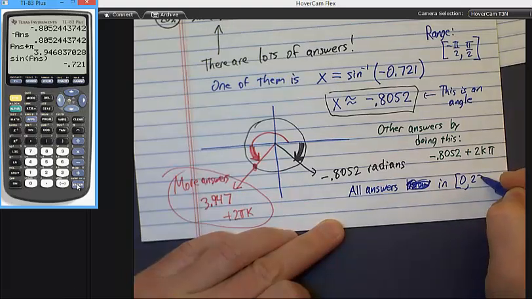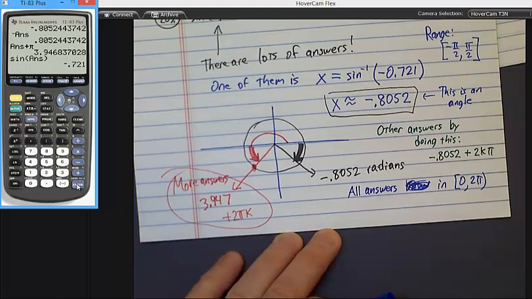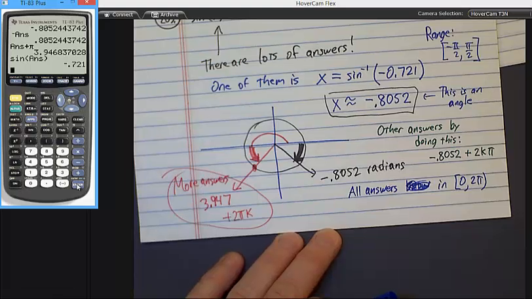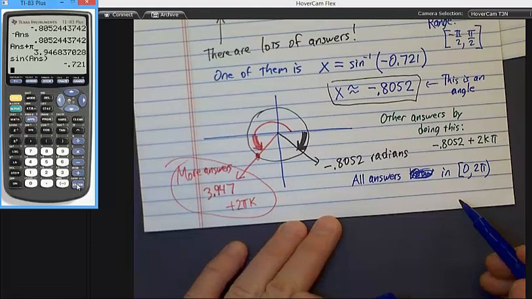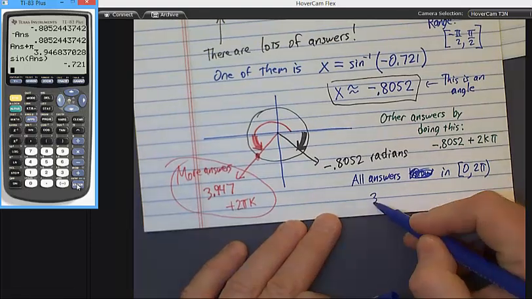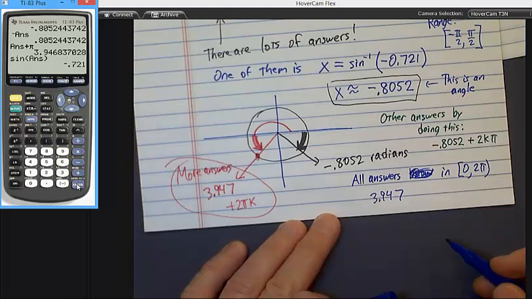Because basically this is all the possible answers you could get, and then you just have to add 2 pi to them, or subtract 2 pi from them to get all the answers. Well, one of the answers would be the one I just found, 3.947. And if you look in the book, that's one of the answers.